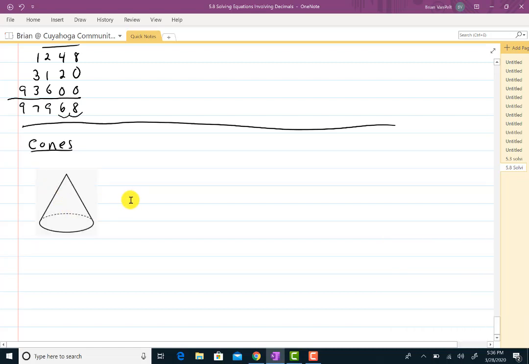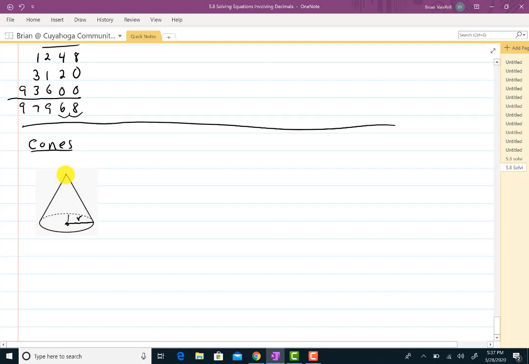Okay, for this one, we have 2 quantities we'll be interested in. As usual, the radius of this bottom circle will be crucial, but also the height will be crucial as well. Let me see if I can get my height to come out right. It does not want to. It's being cruel to me.